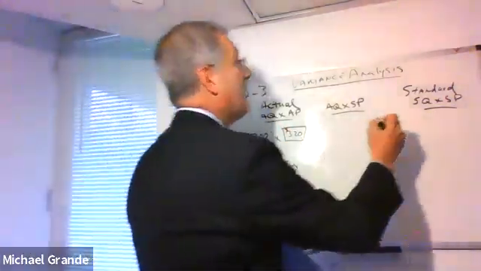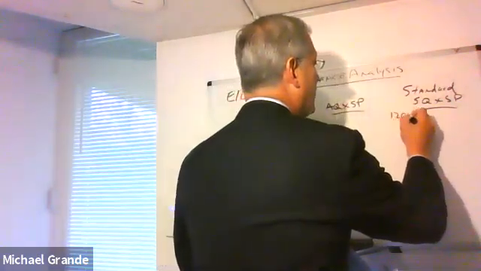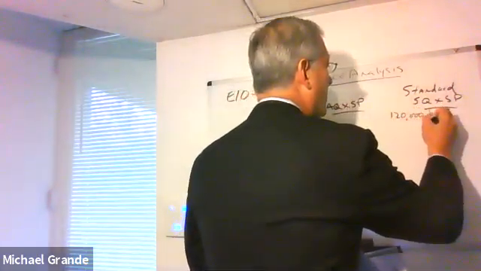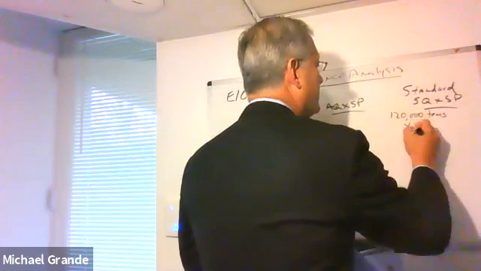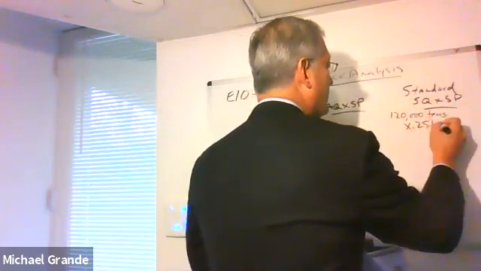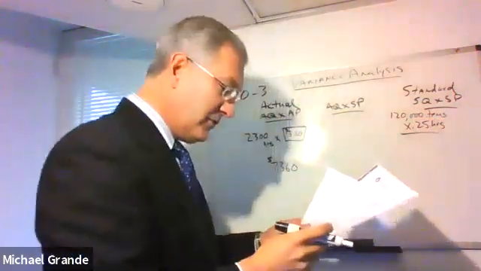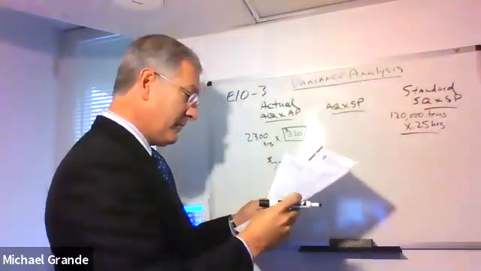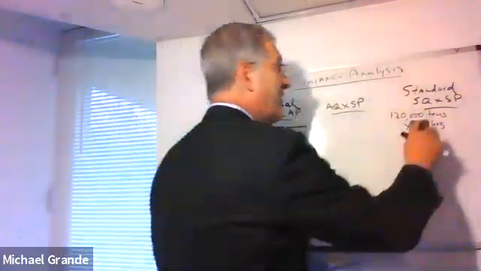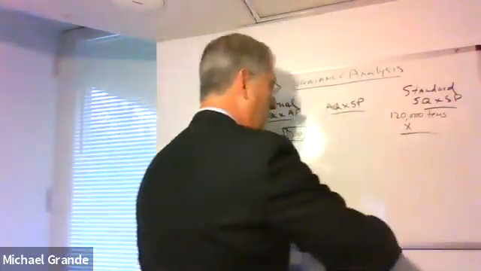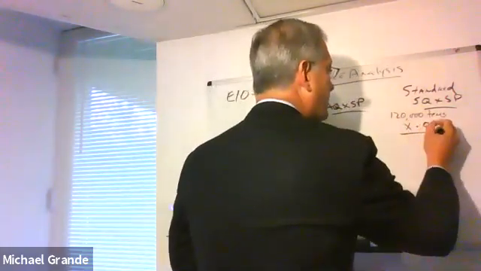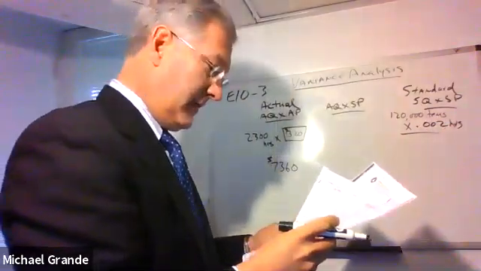Let's go over to the standard. Again, they said their actual output was 120,000 items. It should take 0.25 hours. I'm sorry, not 0.25 hours, 0.002 hours. I even got that wrong.